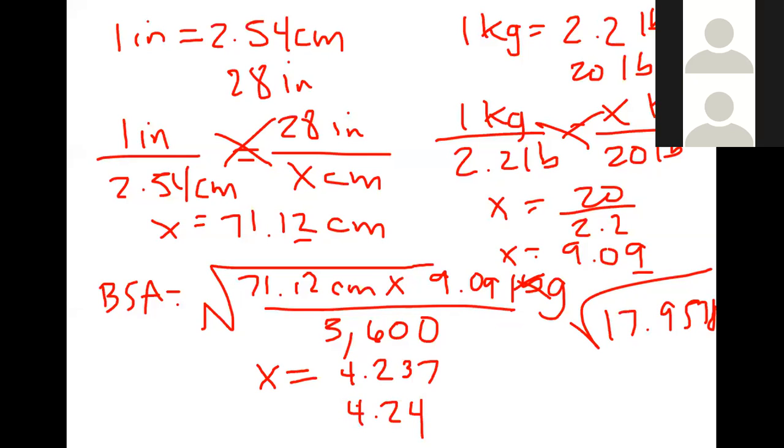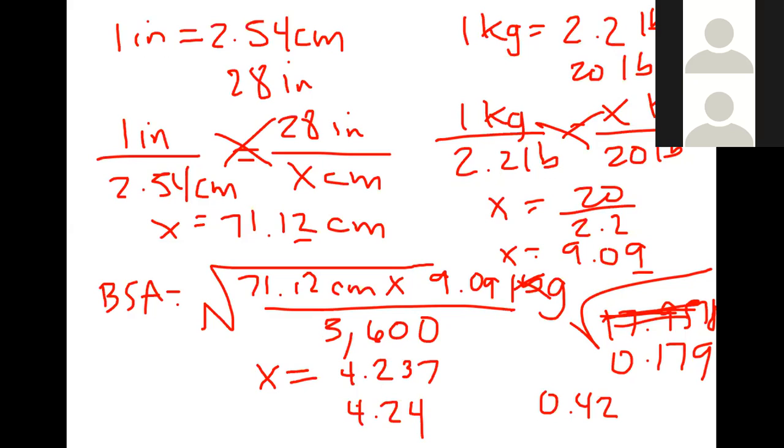Okay, so this is where I messed up. When I divided, this was actually 0.179 and change. And so I'm going to take the square root of that and I get 0.42.